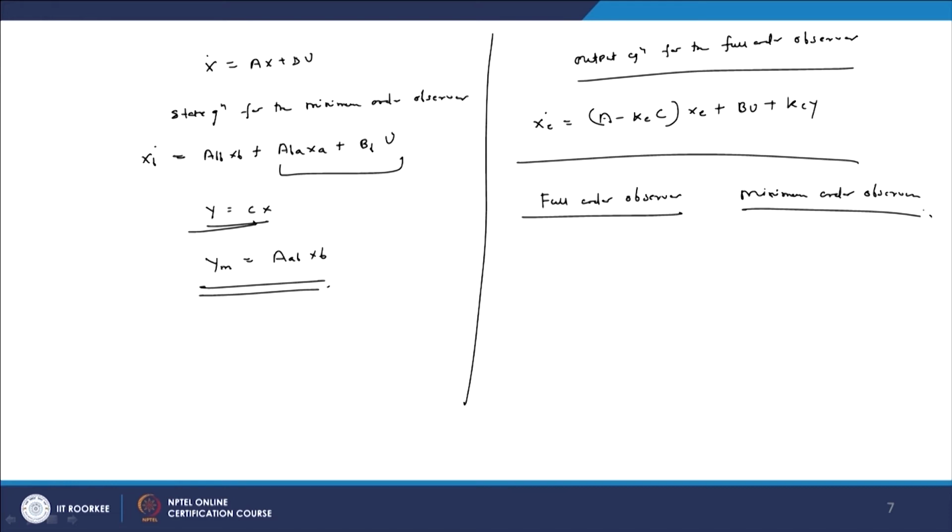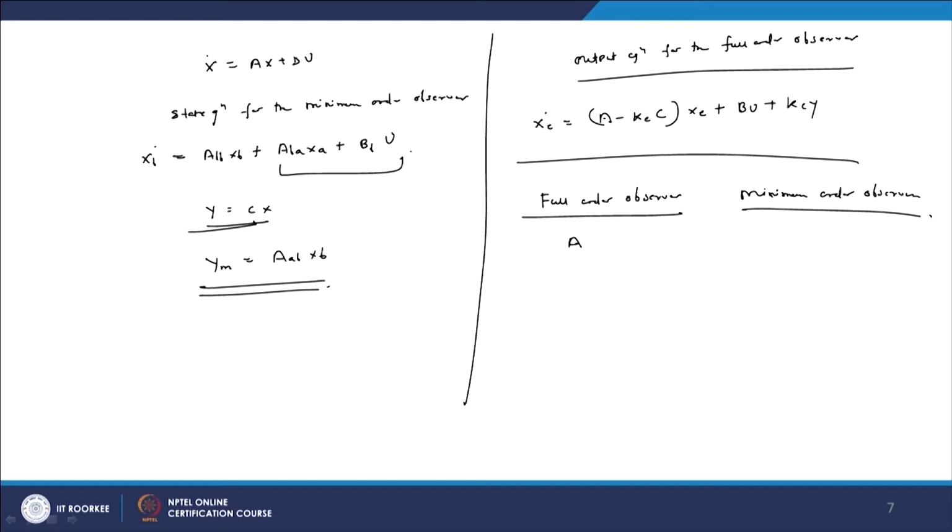Now, in the full order observer, we have the A matrix, that is we have x dot equal to Ax plus Bu. So, this is the A matrix. Now, in case of the minimum order observer, we have XB dot, corresponding to XB dot this is ABB, this is the state, and this is in terms of input, because we know it. So, for the minimum order observer we write A suffix BB.